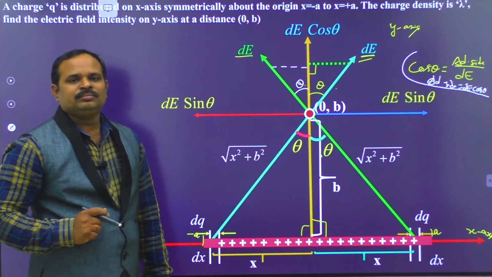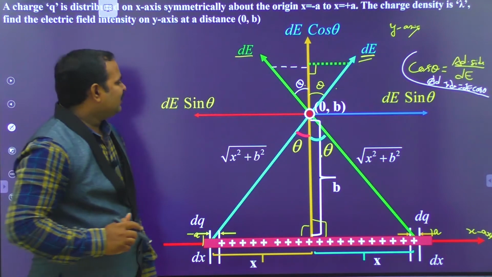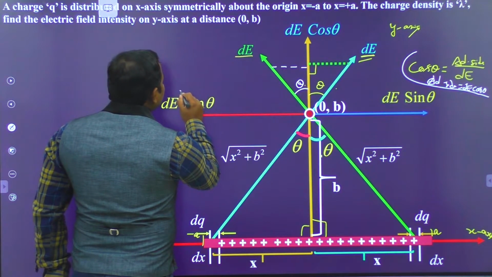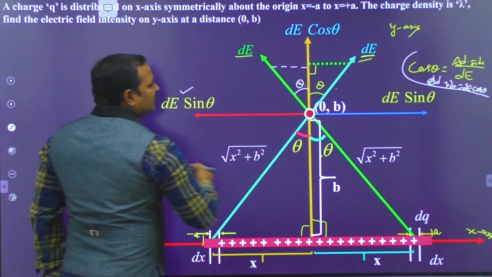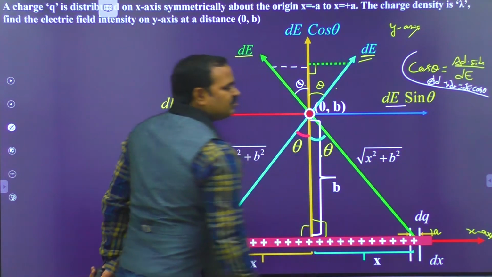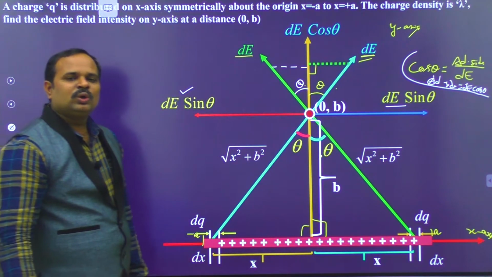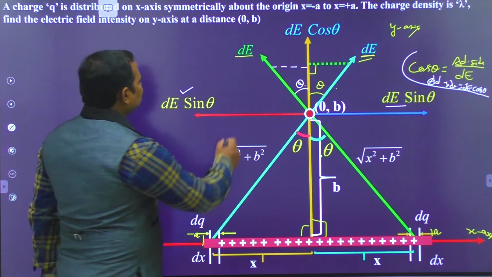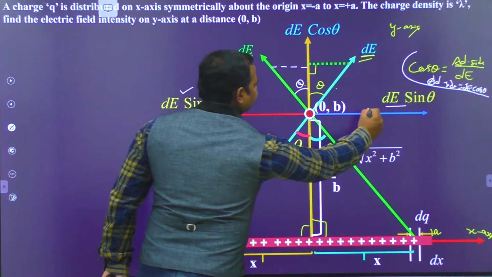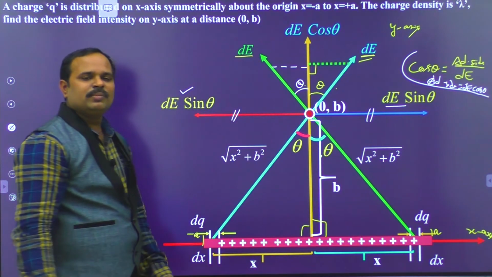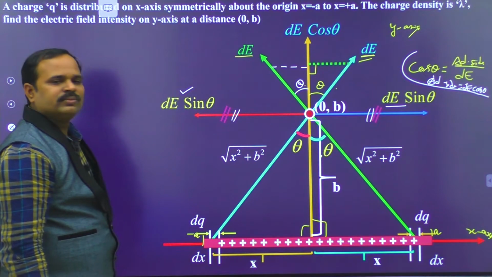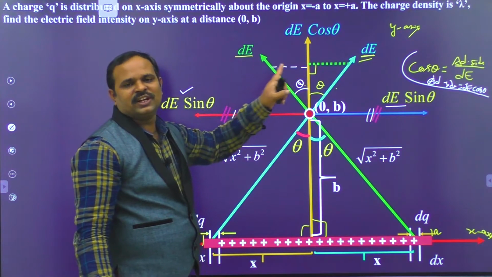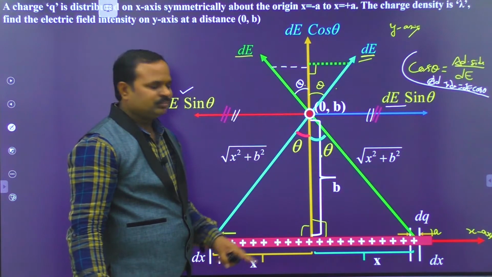But dE sin theta will be in the negative x direction and dE sin theta will be in the positive x direction. So when you sum up the total electric field, these two will get cancelled. That means the horizontal components get cancelled, and the rest is only dE cos theta, that means the vertical components.